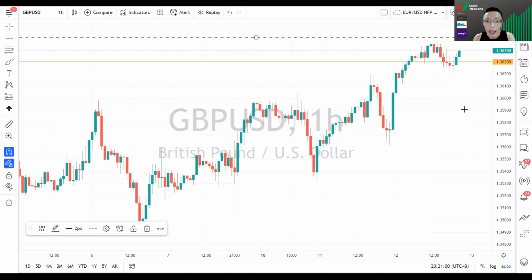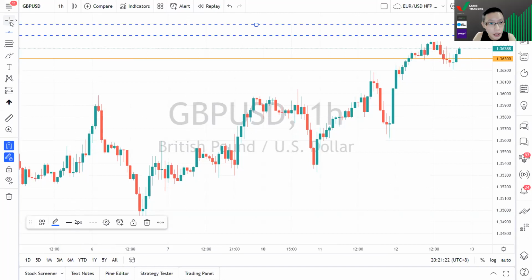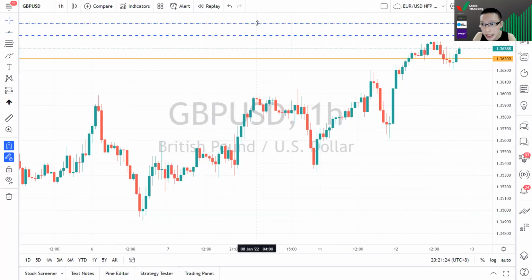For those of you who are more cautious and want to wait for a clearer break, in case this may be a forced break of the resistance zone, you can consider another level, which is 10 pips higher, 1.366. I can't see the line. Let me get this. 1.366, the upper blue dotted horizontal line, would be a safer option.